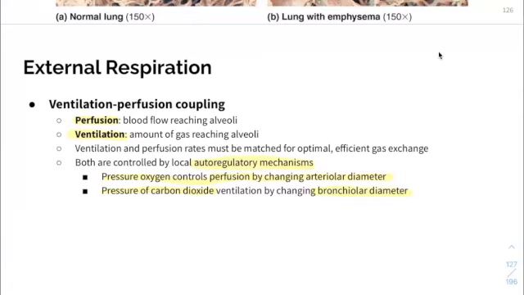If there's too much, they're going to dilate those airways and get more carbon dioxide out. They try to keep those pressures pretty even. So if there's too little carbon dioxide, those airways start to constrict more to let less carbon dioxide leave.